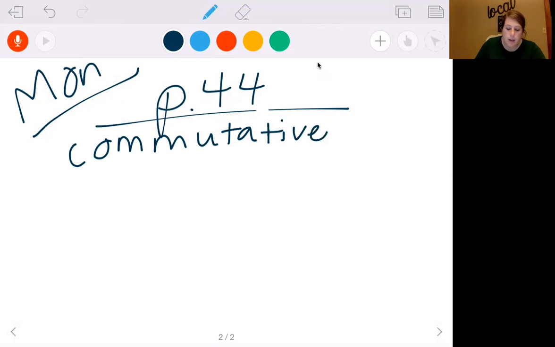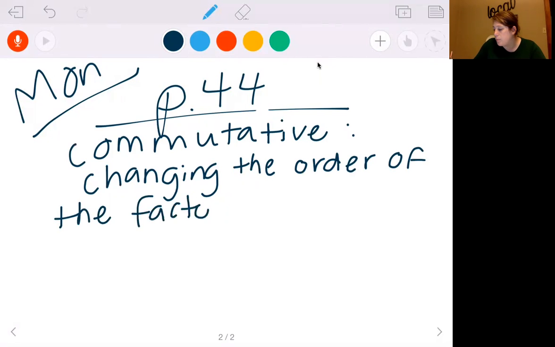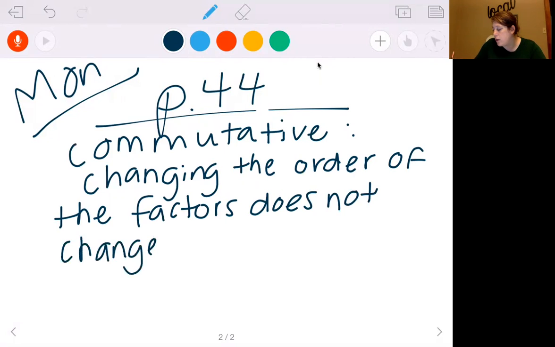Commutative property. Changing the order of the factors does not change the product.